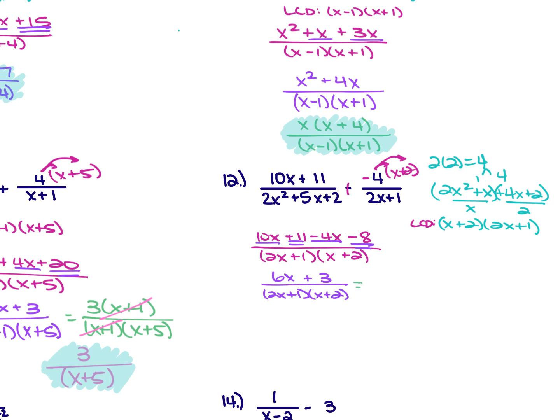You can factor the numerator because they're both divisible by 3, so that's going to become 3(2x + 1) all over (2x + 1)(x + 2). Once again, you have a binomial that's the same on the top and the bottom of this fraction, so those are going to cancel each other out, and you're just left with 3 over x + 2.